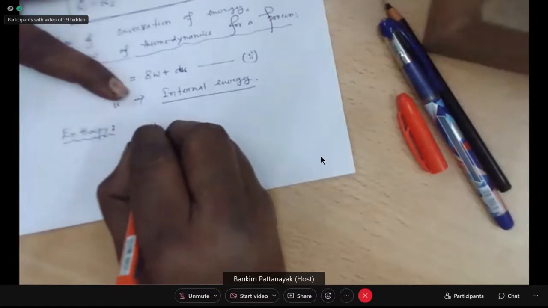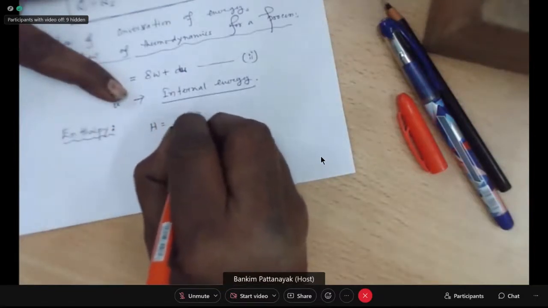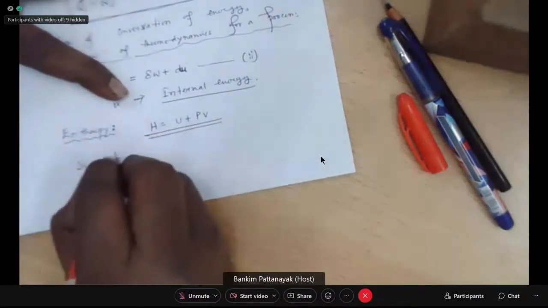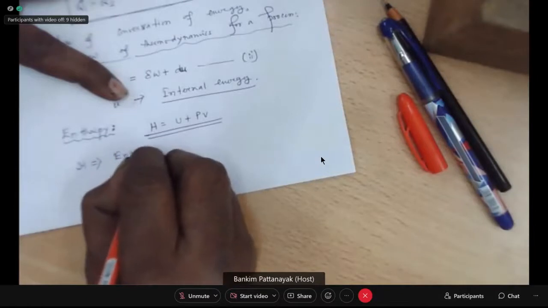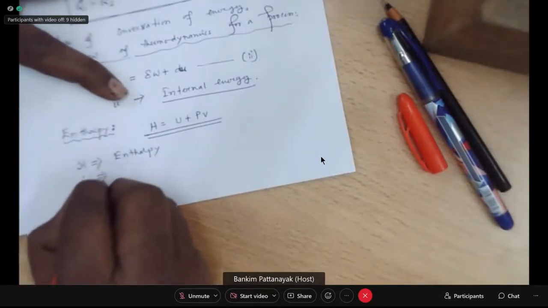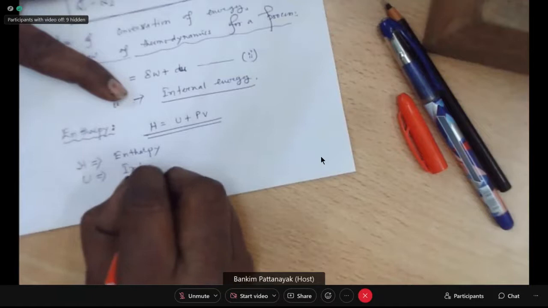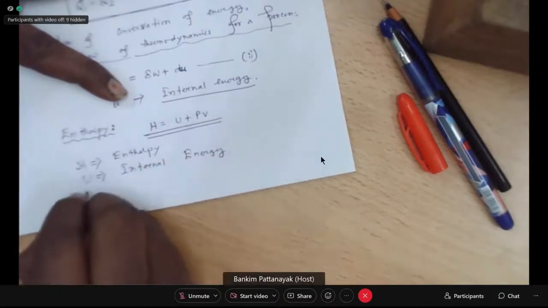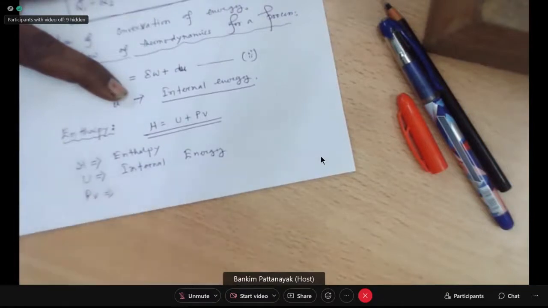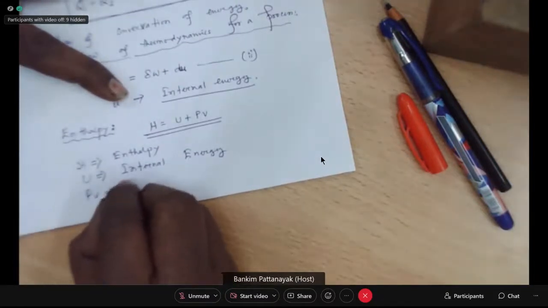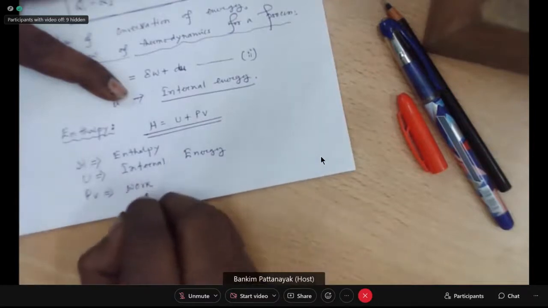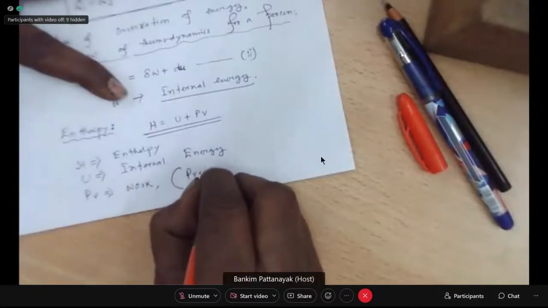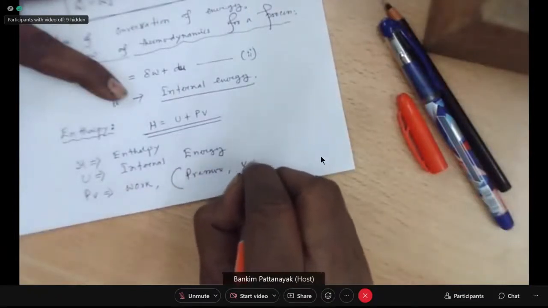Enthalpy is defined as H is equal to U plus PV, where H is enthalpy, U is internal energy, and PV is work. Actually, P is the pressure, V is the volume.